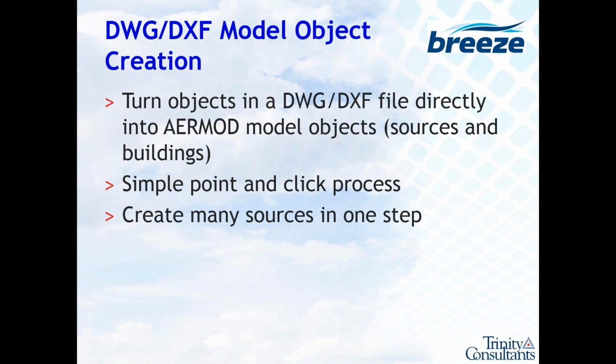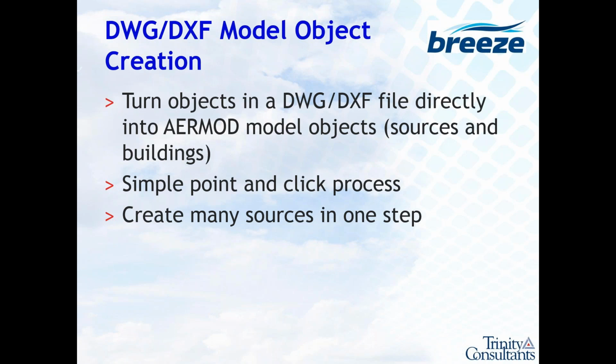Next, the DWG and DXF AutoCAD file model object creation tool. This takes objects that are already in an AutoCAD type DWG or DXF file and allows those to be directly converted into AERMOD model objects like buildings and sources. It's a simple point-and-click process.